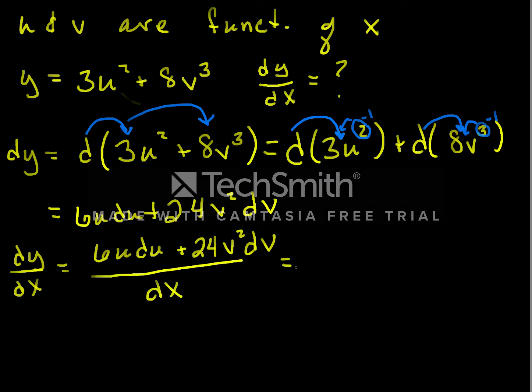Or a more natural way to write this would be to break this up into 2, and we get 6u du/dx plus 24v squared dv/dx. So even though we don't know what u and v are, we know that if we take the derivative with respect to x, it'll be 6 times the function u times whatever the derivative of u is with respect to x, plus 24v squared times whatever the derivative of v is with respect to x.